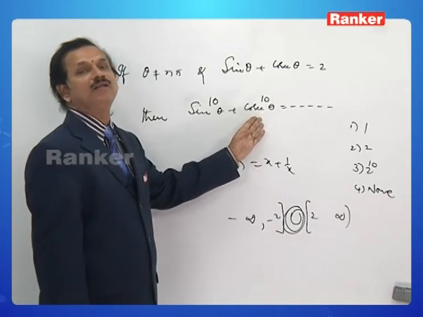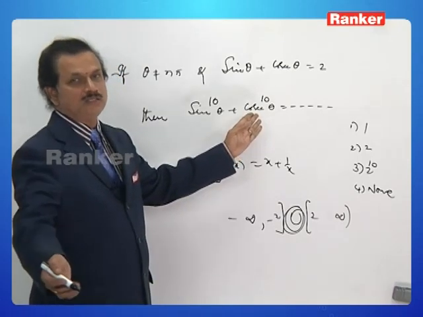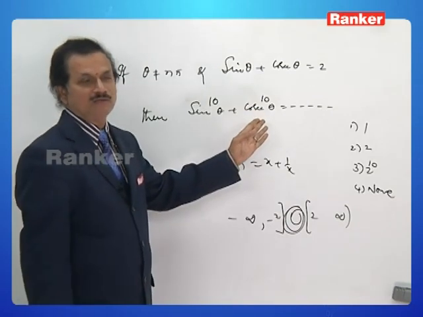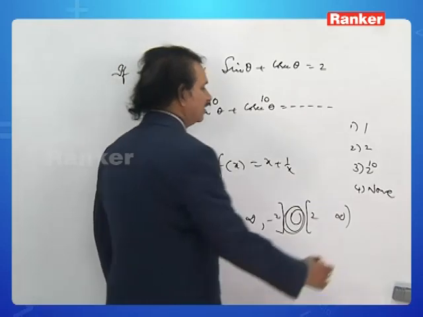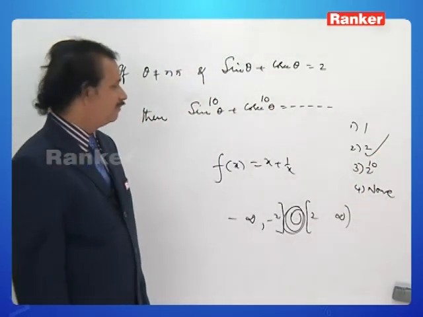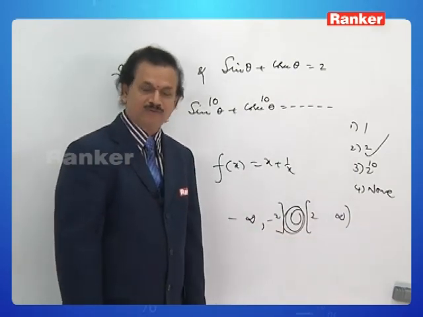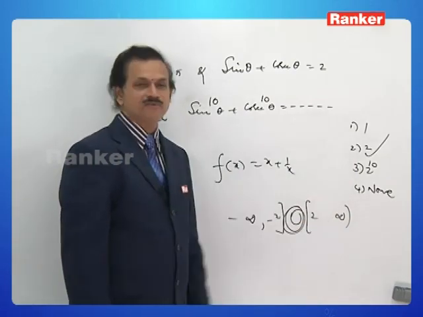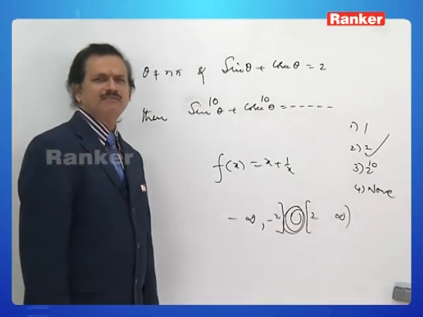Cosecant theta is also 1. Sin theta is 1 means cosecant theta is also 1. So, 1 power 10 plus 1 power 10, that is 2, is the right answer. And innocent people may tend to approach the third option. I'm sorry to say that this is the correct option. The answer is 2.